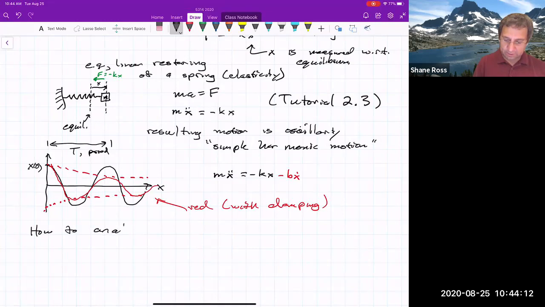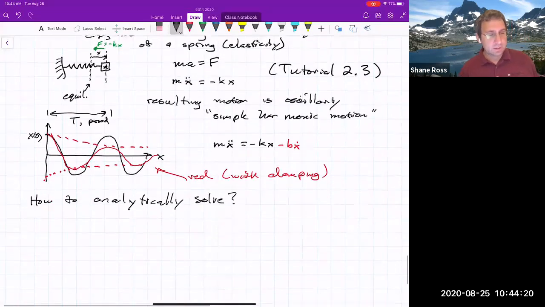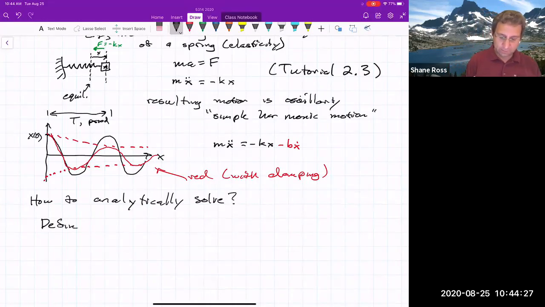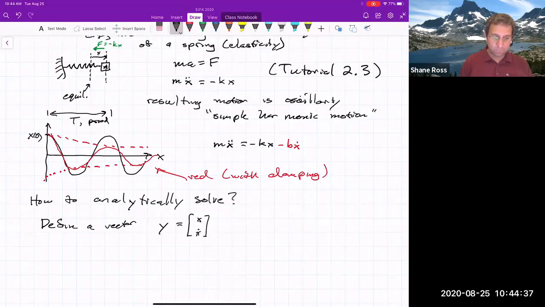How do we analytically solve this? We need to use some vector notation. And this is where I'll end. We're going to define a vector, I'll call it y, and it's x and x dot. And what is y dot? y dot equals x dot, x double dot. What's our ODE?